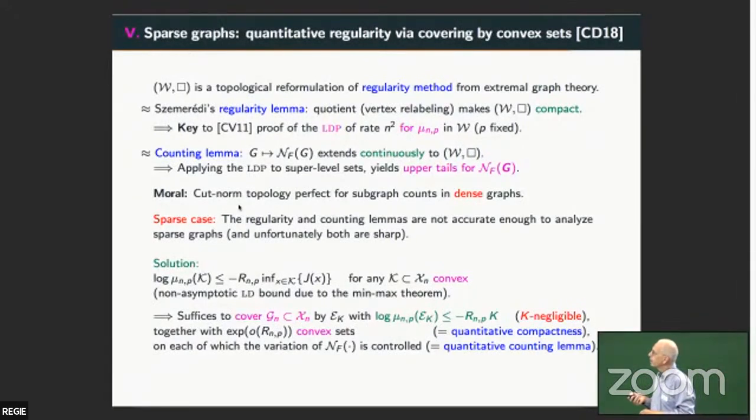And you want to be in such a situation that these sets are small enough that the function that you are interested in is not varying too much over one particular set. So if you take the function, you can say, in this set, the function has a certain value. So either the whole set belongs to my rare event, or the whole set does not belong to the rare event. And this is exactly quantitative compactness, this efficient covering, and quantitative counting lemma, this efficient control.